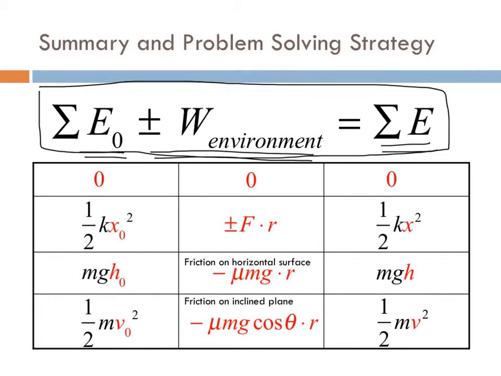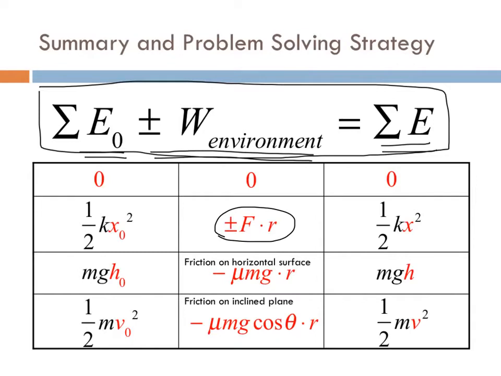Now again, friction doesn't have to be the only non-conservative force in this case. We could have also had an applied force that makes our object speed up along the path taken. So we could have used a positive or negative depending on the direction of that force. Also, when friction is involved, you need to make sure that you remember that friction has to do with the normal force.